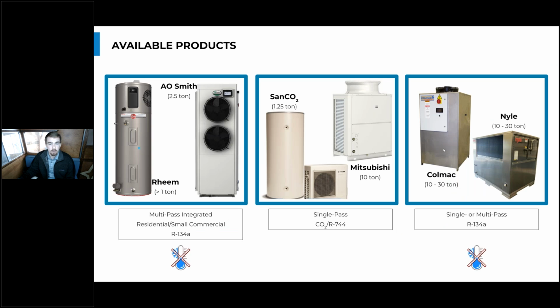And so the available products when you're looking at a heat pump water heater, these are really quickly evolving. So I would not reference this slide in a year or something like that when you're going to choose a heat pump, but this is mainly what's on the market today. So first of all, we have these multi-pass integrated residential or small commercial heat pumps, and these are package systems with the heat pump and the tank all together in one package.